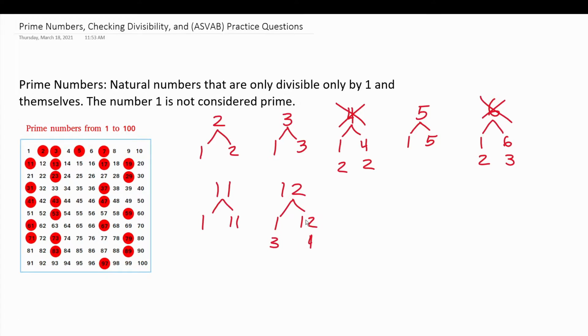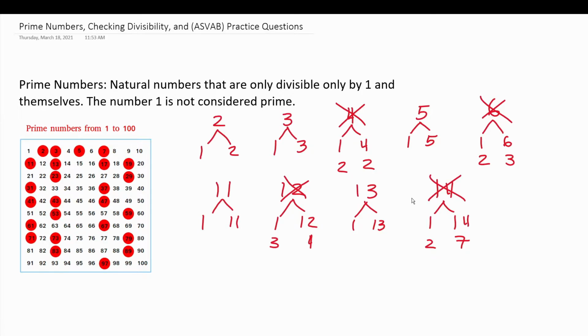That is to say, 3 times 4 is 12, so it's not prime. 13 is prime because it's only divisible by 1 and itself. 14 is not prime because in addition to being divisible by 1 and itself, it's also divisible by 2 and 7. 2 times 7 is 14.